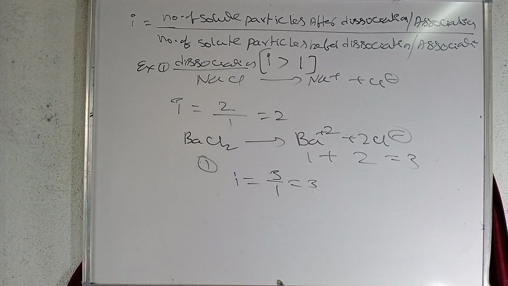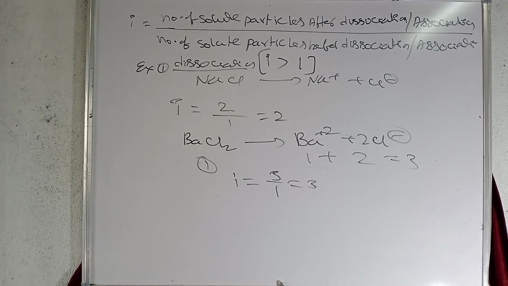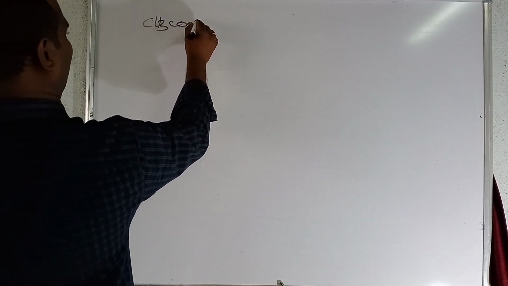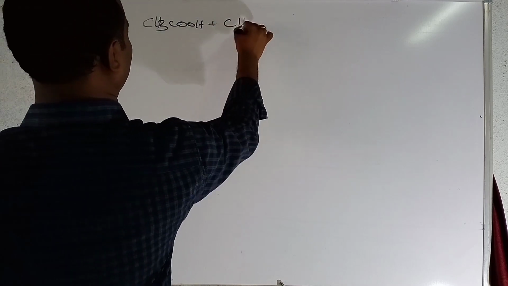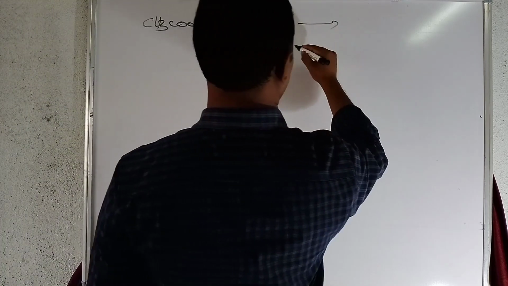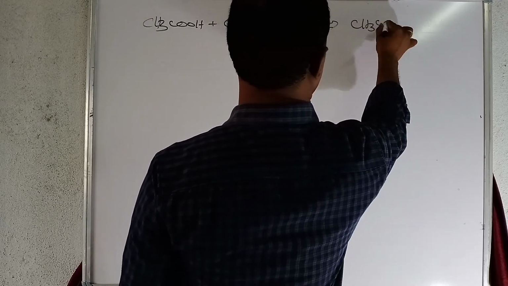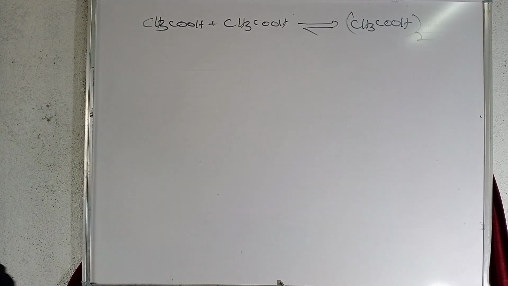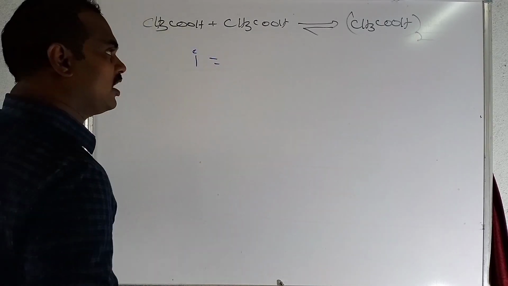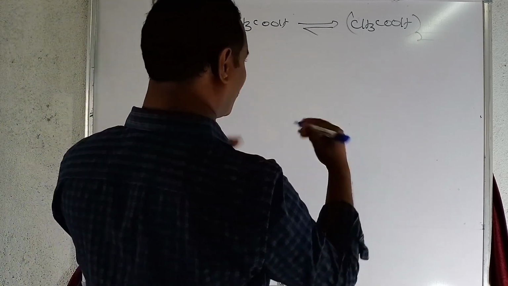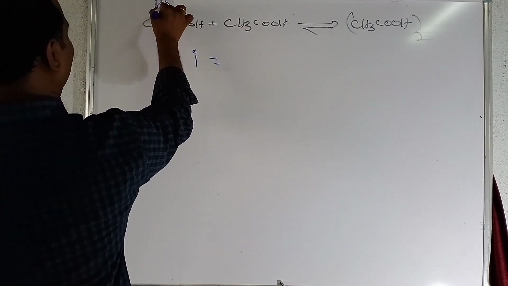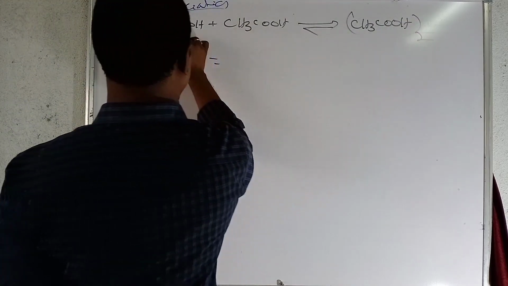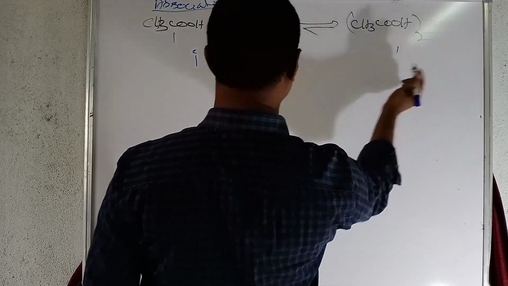Now one example in the association case. Take acetic acid, CH3COOH, taken twice. Now the i value. The number of particles after association is 1.